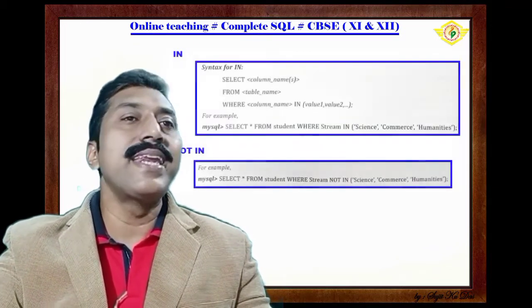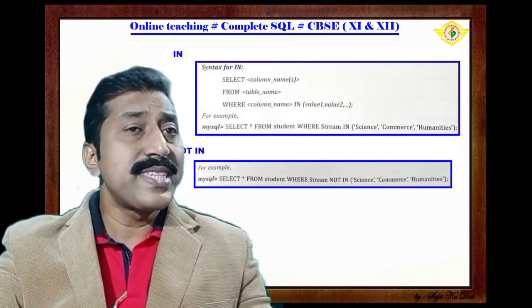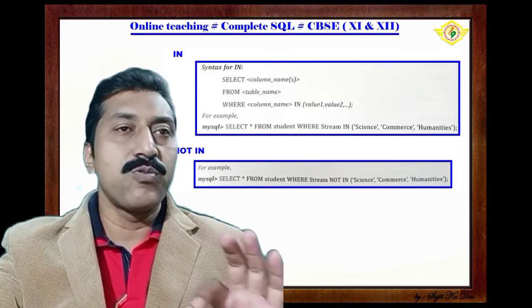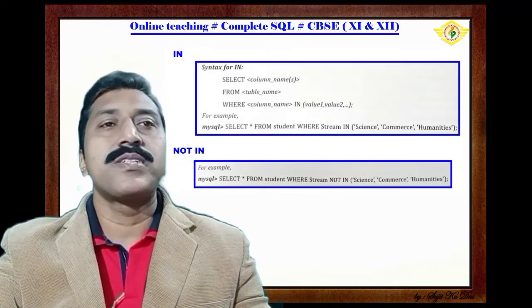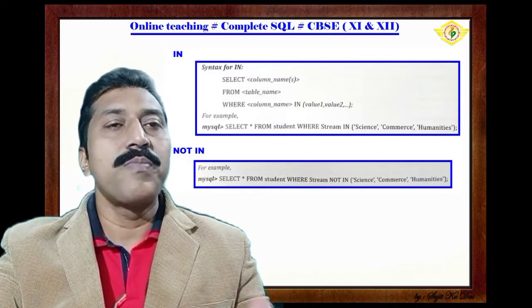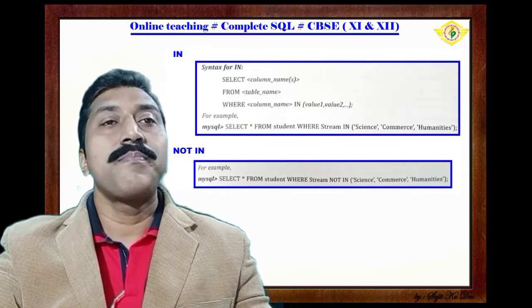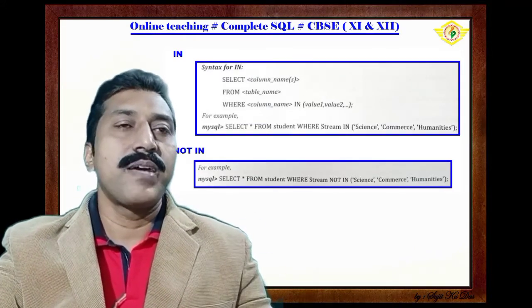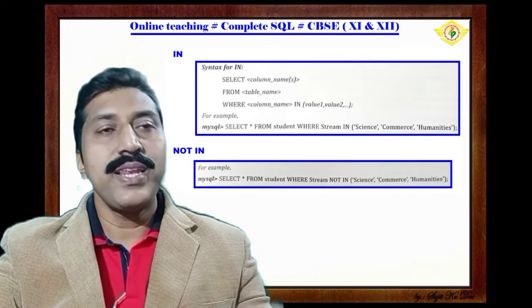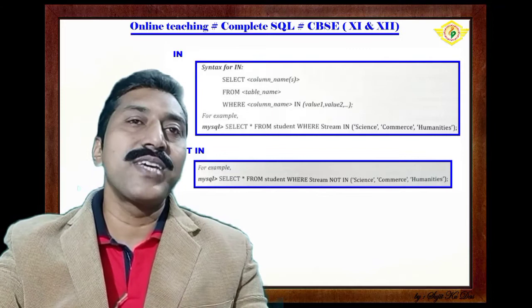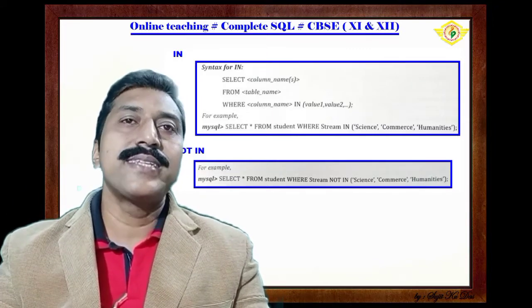We'll see IN. To specify a list of values, if you want to mention some values, the IN operator must be used. Example: select column name from table name where column name in value 1, value 2, value 3, etc. Example I am showing you: MySQL select star from student where stream in science, commerce and humanities.